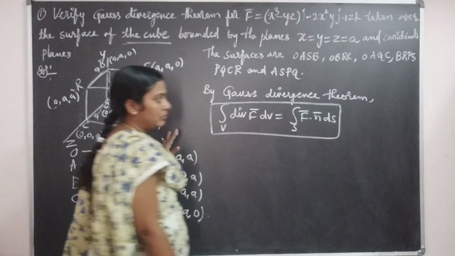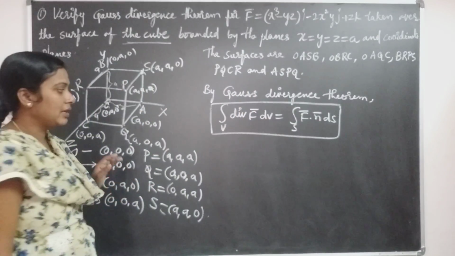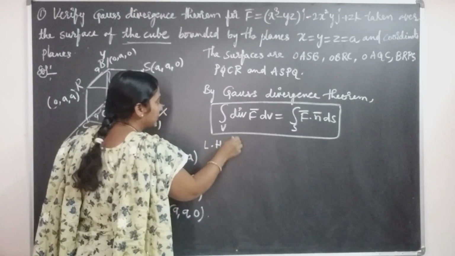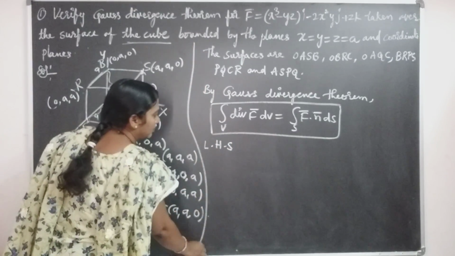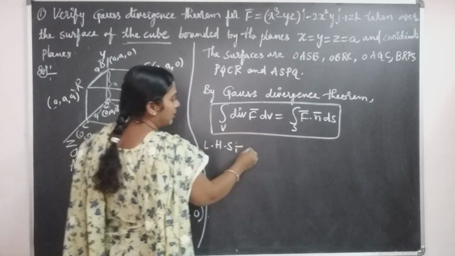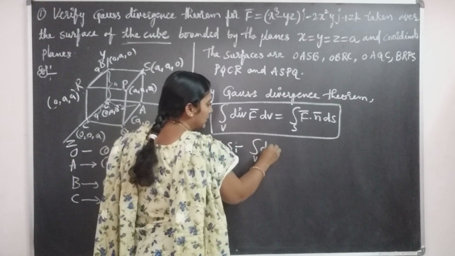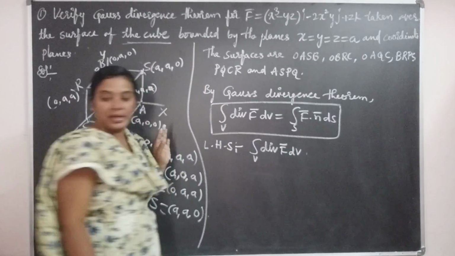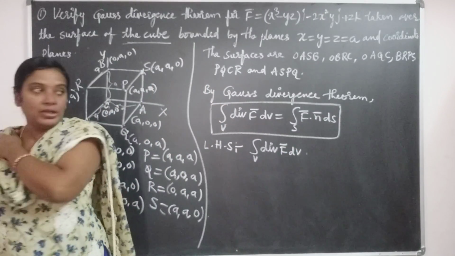We can prove this LHS equals RHS. First of all, we take the LHS. LHS is the volume integral of div f bar dv. Here V is the volume.